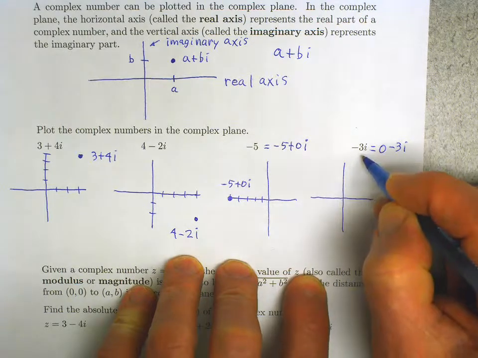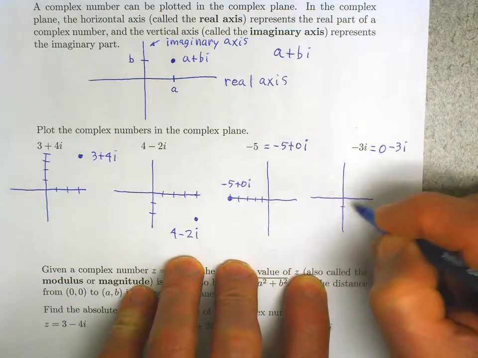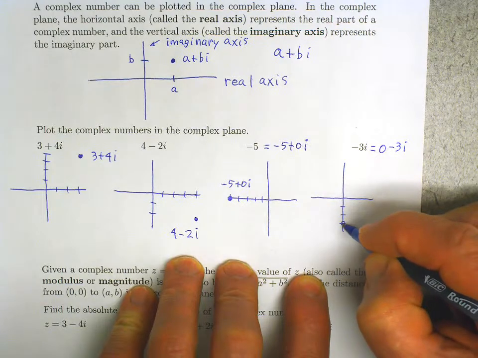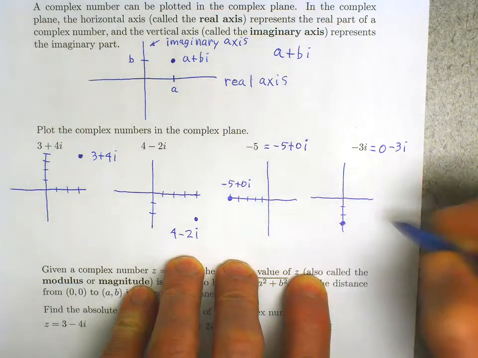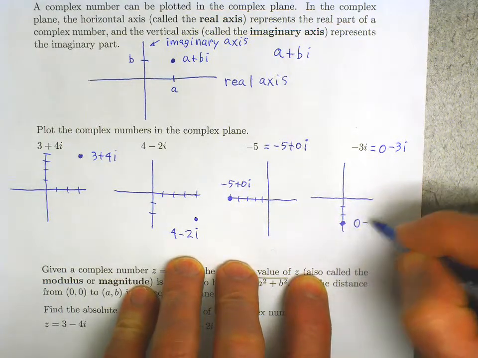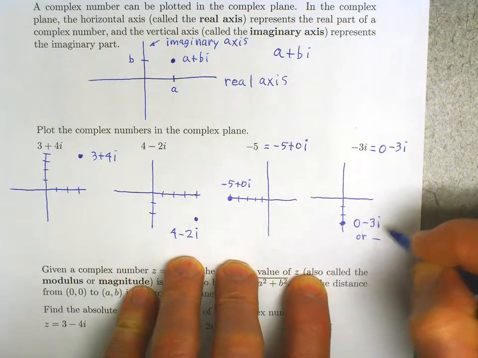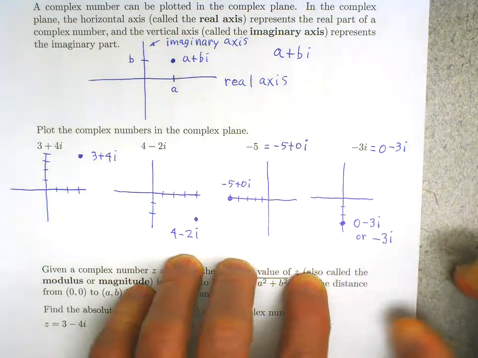But to graph negative 3i, we just plot the point on the negative imaginary axis. So 0 minus 3i, or just negative 3i, is okay.